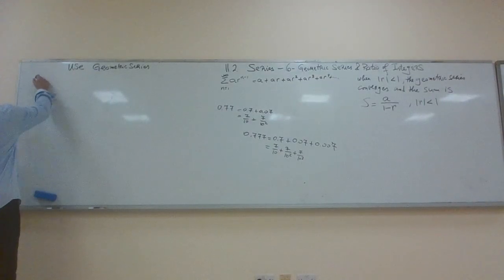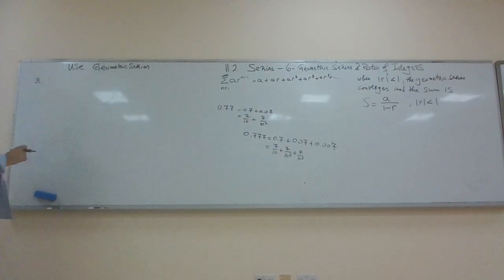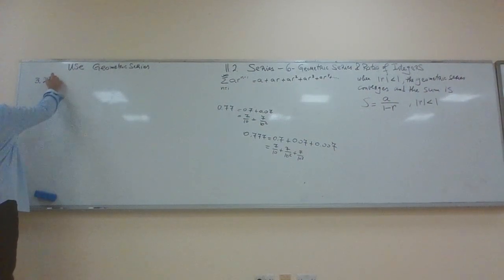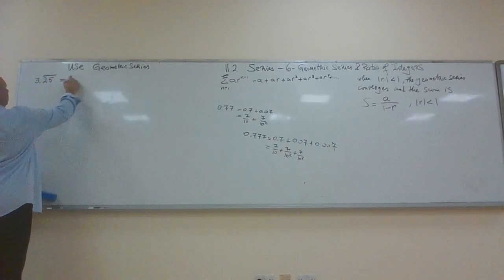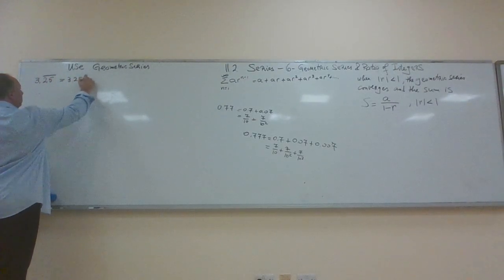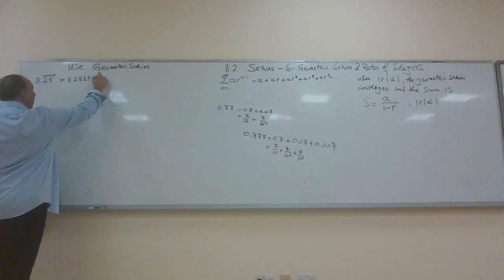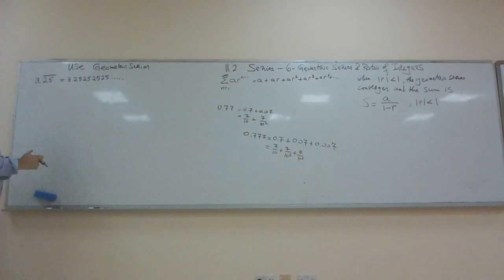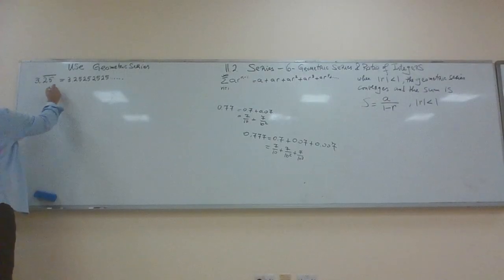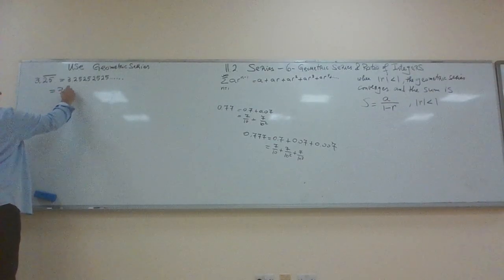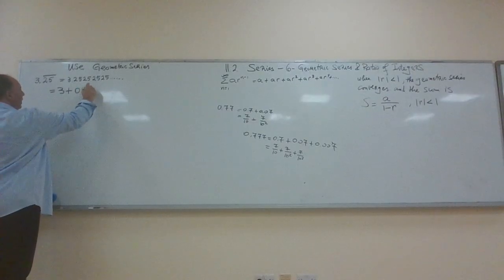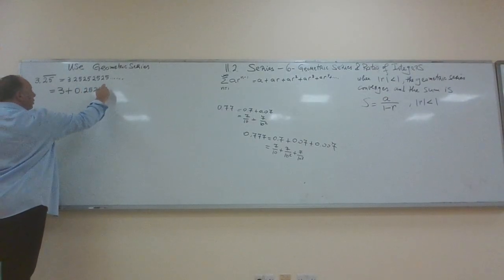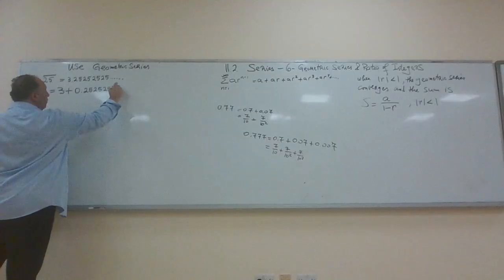So let's say I have 3.25, and 2, 5 is repeated. So I have 3.25, 2, 5, 2, 5, 2, 5 forever. Okay. So this is equal to 3 plus 0.25, 25, 25, 25 forever.